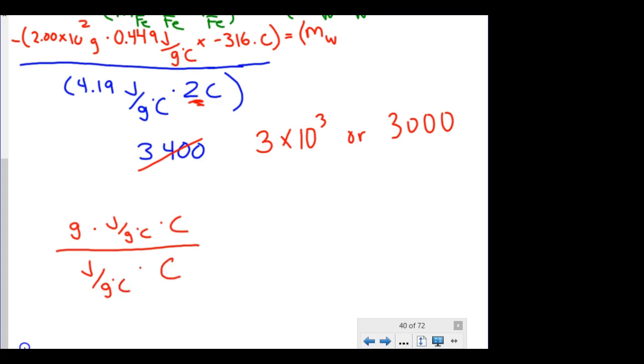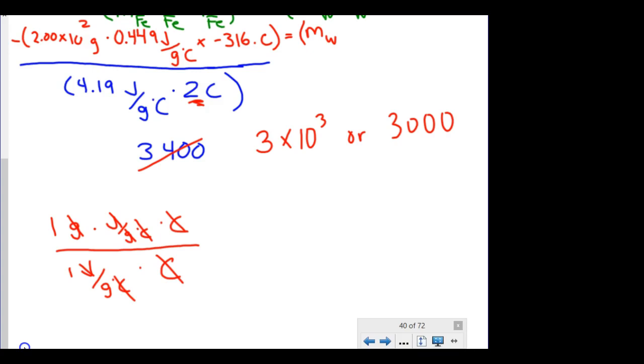All right, without any numbers, this is what our units look like. Okay, so grams divided by grams, Celsius divided by Celsius, joules divided by joules, Celsius divided by Celsius. This is 1 over 1 over G, which is grams.